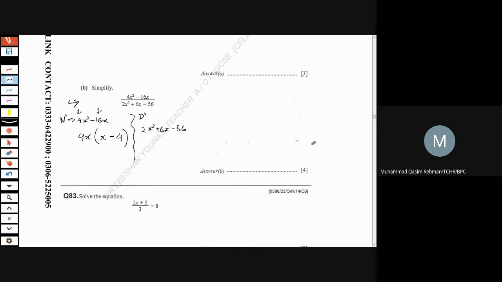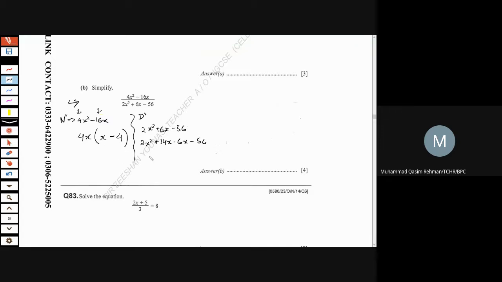So 2x squared, you will be breaking down the middle term, which is 6x, as 14x minus 8x, and then like this. Okay, now you have 4 terms. Now you move on to the case where you have 4 terms.